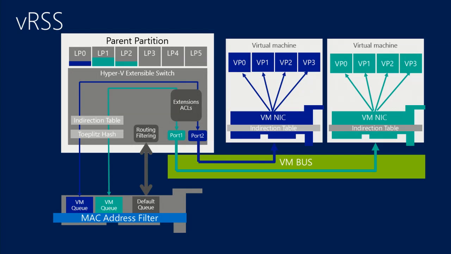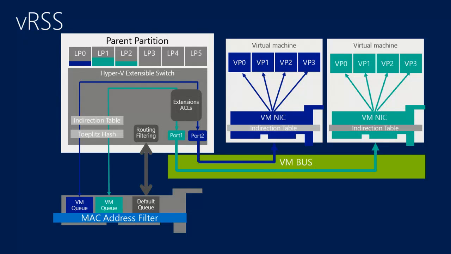The diagram gets a little more complicated in that the bottom is the same. You have your MAC filter and you have your VMQs. But what changes is once you get to the Hyper-V switch, you now have the Toeplitz hash and the indirection table that you didn't have before with VMQ. And what that allows us to do is keep track and schedule that traffic on a different processor, so you now can take advantage of the additional resources on the box.